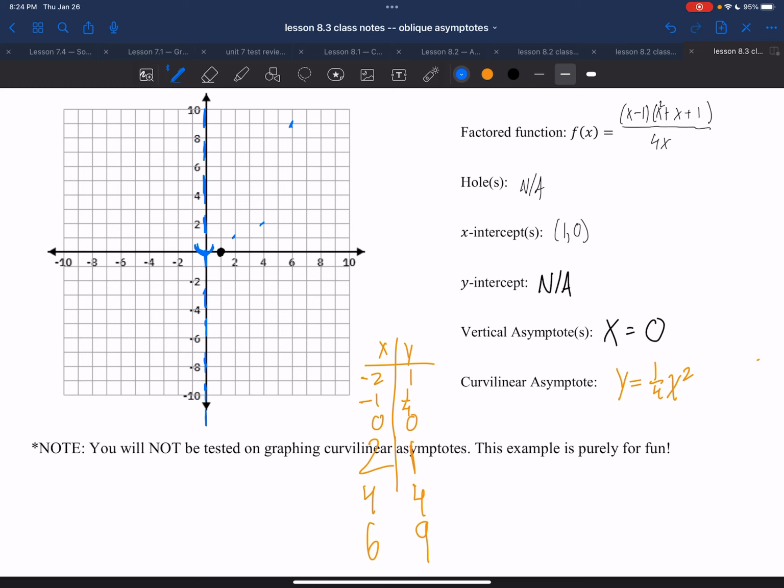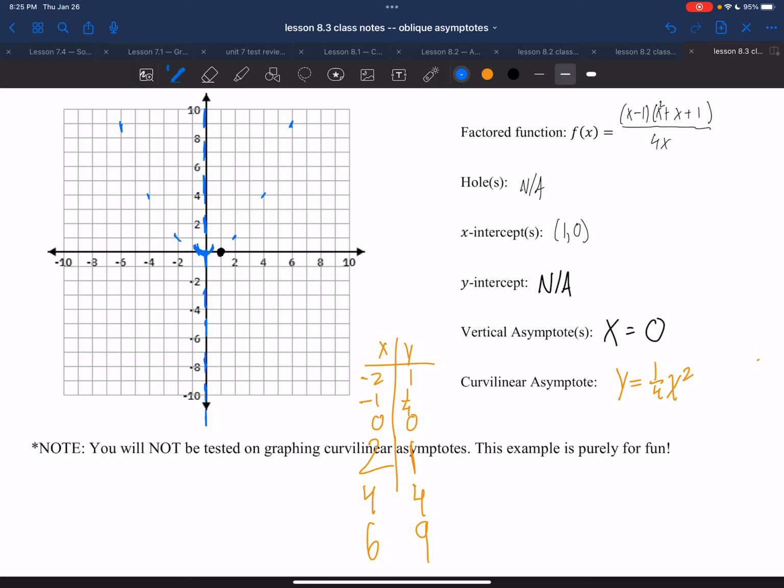And then I'll reflect it. Negative 2 right here. No, negative 4. Wait, it was 2, 1, and 4, 4. What am I doing? 4, 4, 2, 1. Okay, that looks better. So negative 4, 4, and negative 6, 9.